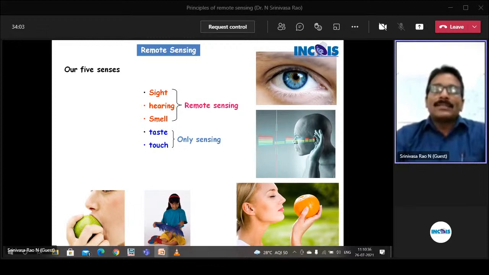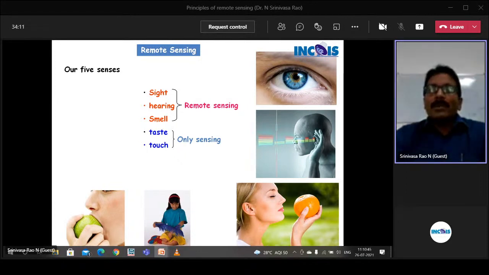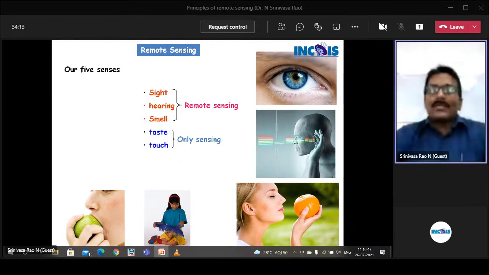Similarly, if somebody is talking outside, we are not seeing or touching that person, but we identify what they are discussing and who the persons are. So here the information carrier is sound. Due to molecular vibration, sound reaches our ears, and we sense it.